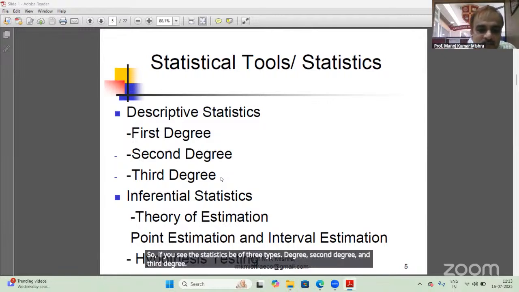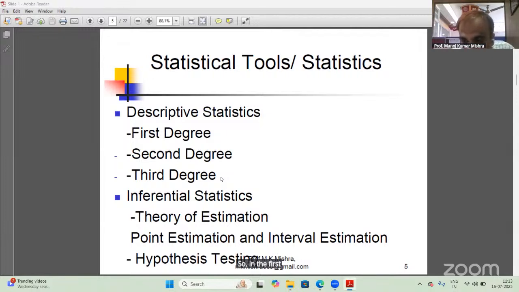So in the first degree, we study the measures of central tendency. Central value is what?